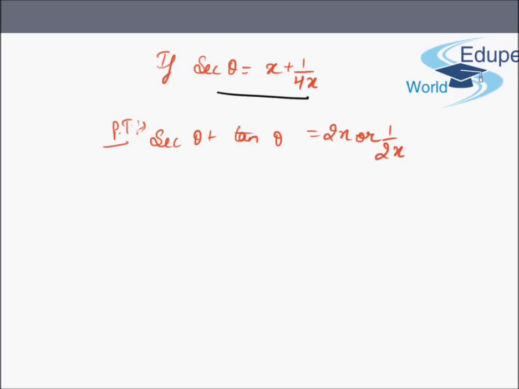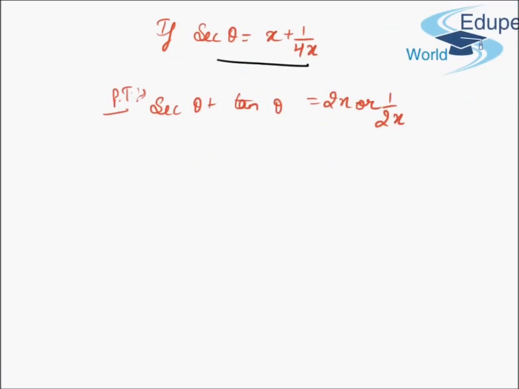So how can we find the value of tangent theta? My dear friends, we have an identity which says secant square theta minus tangent square theta equals 1. We can find out the value of tangent square theta from this particular identity.